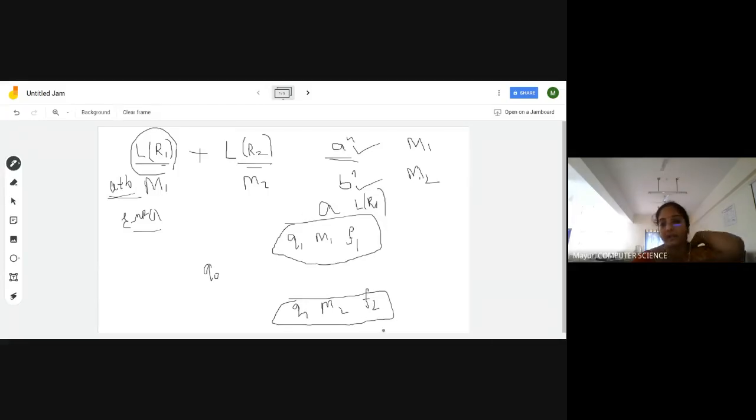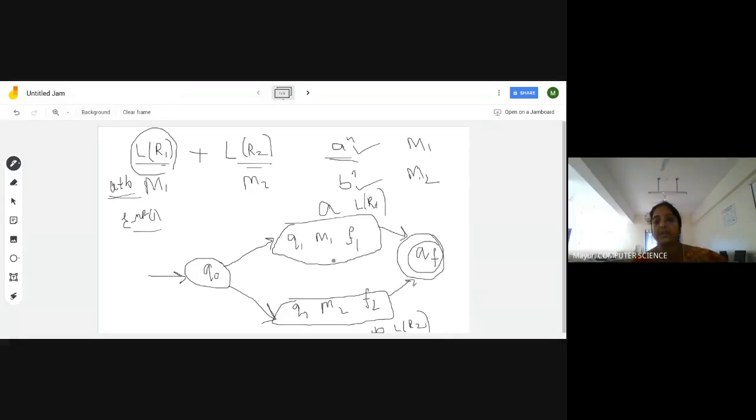This machine is accepting B, that is L of R2. I can take any path, right? So this is my start state. I can go here to accept A. I can go here to accept B. So this is my common final state. I can come here. This is my final state. Can any one of you tell me who is in this path?